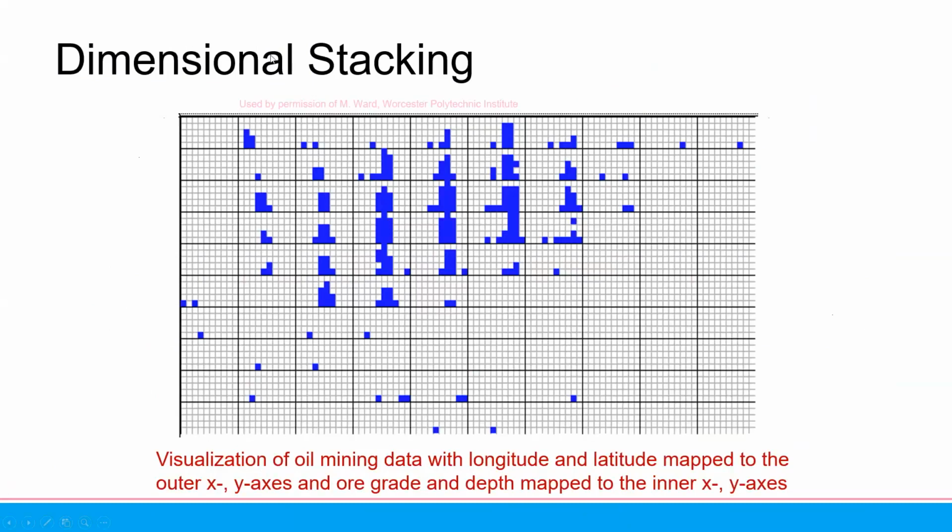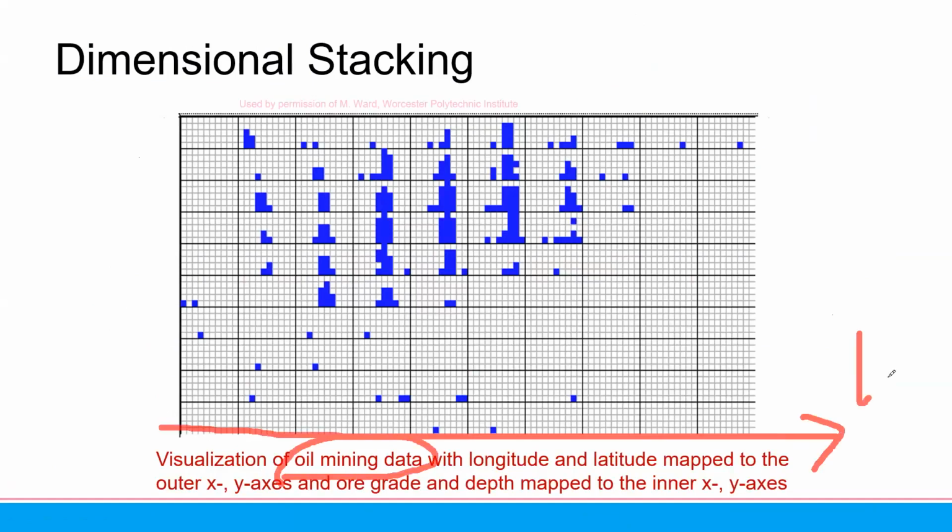Another example of dimensional stacking is this one. This is the visualization of oil mining data in the geography of the earth. We have the longitude and latitude. Let's say this is the latitude and this is the longitude.